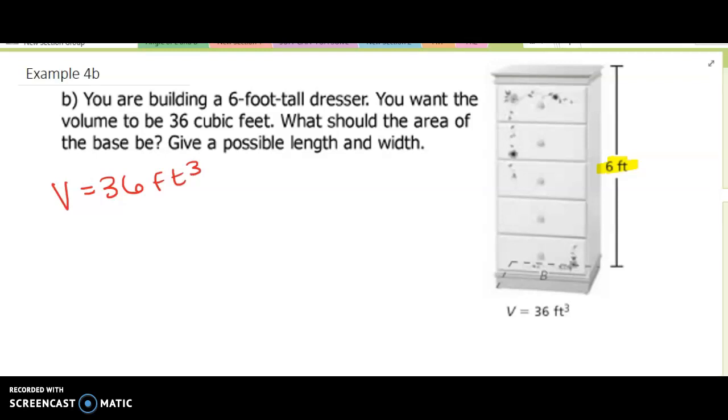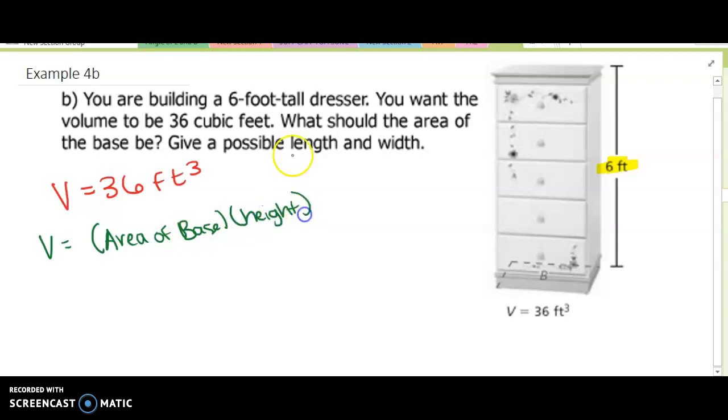Well, this would be a rectangular prism. So the volume equals area of the base times the height. Okay, so volume here is 36. So 36 equals area of the base.